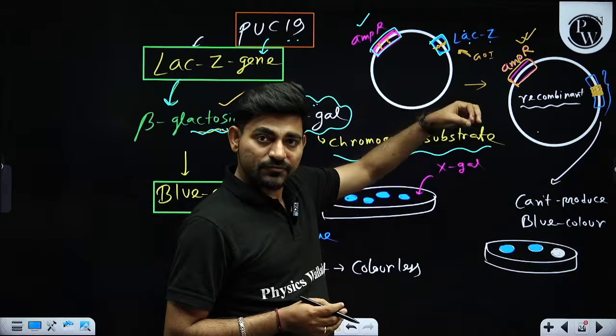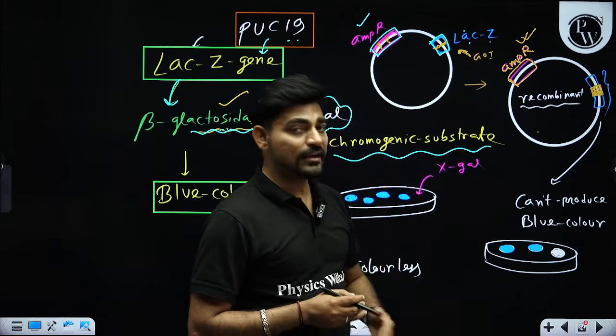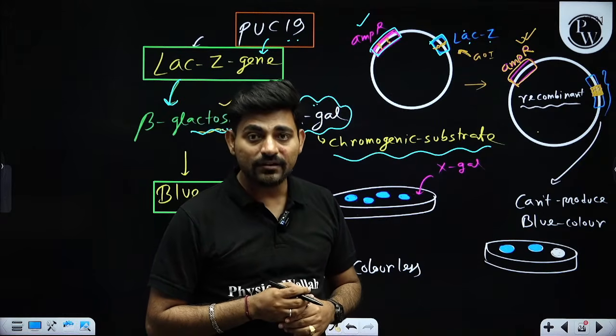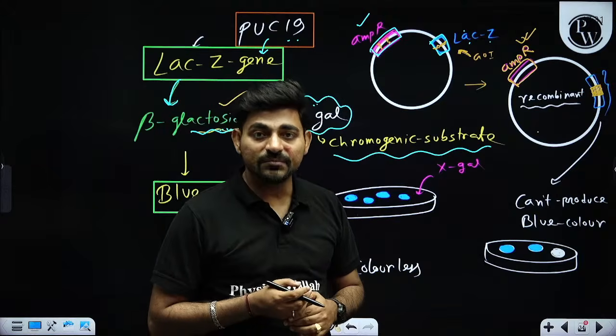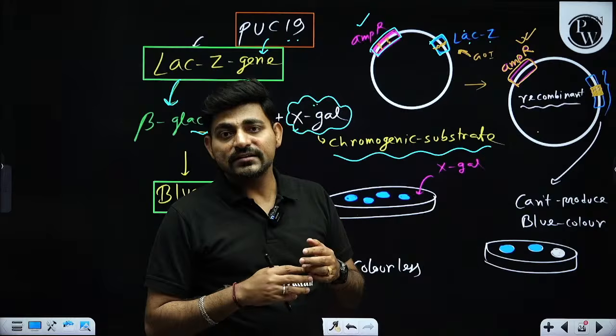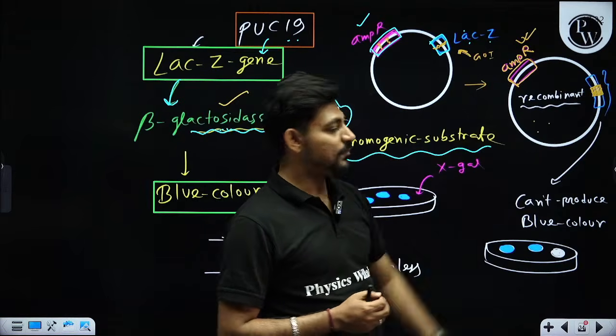So if you put ampicillin antibiotic and after that the bacterial colony is still not dying, that means the bacterial colony is already transformed by taking the recombinant plasmid.